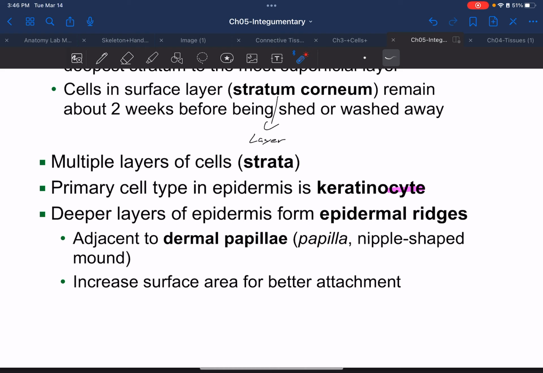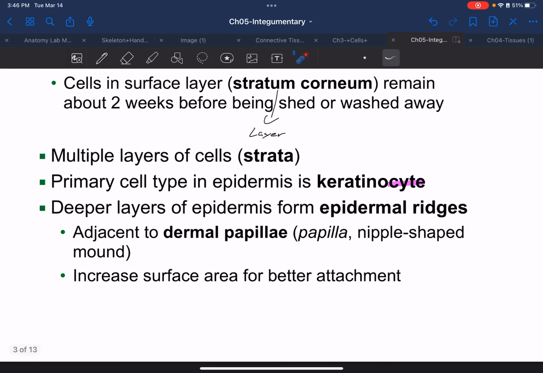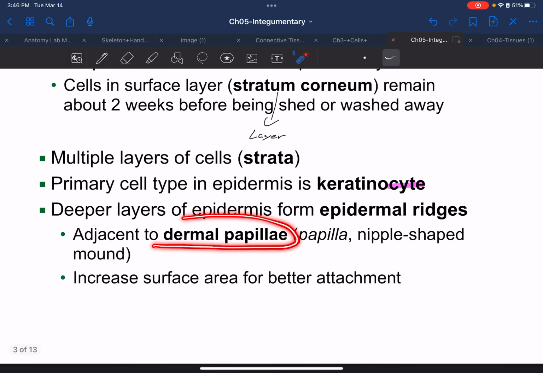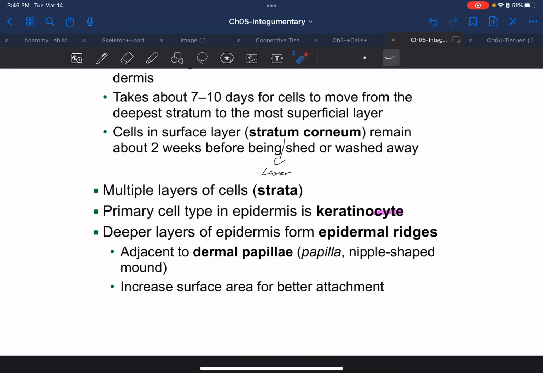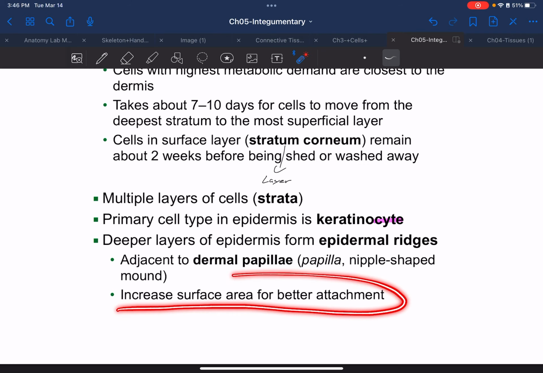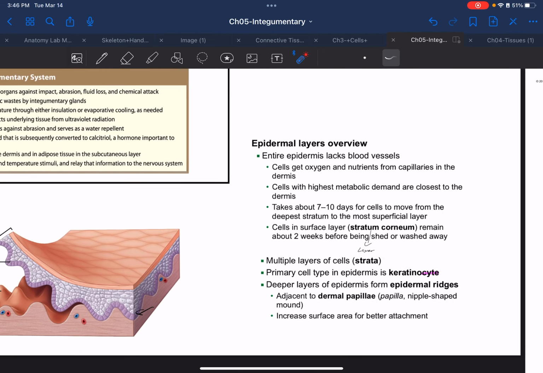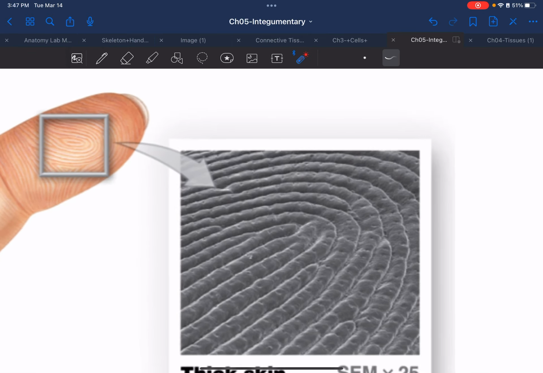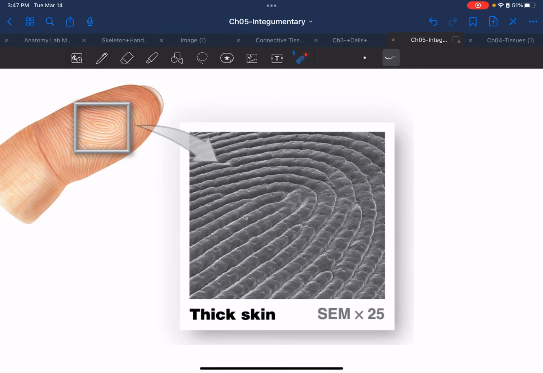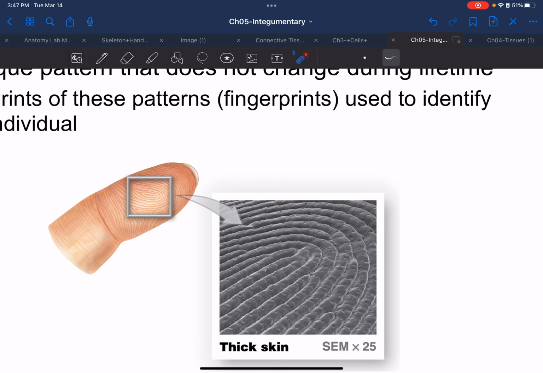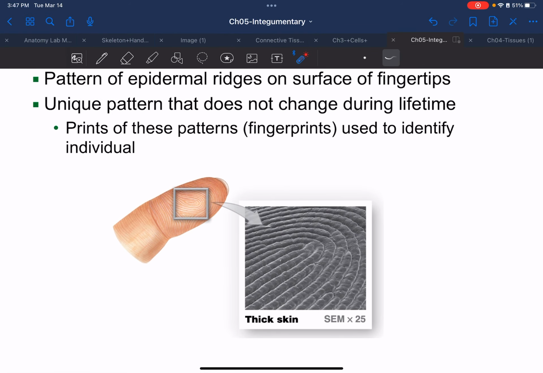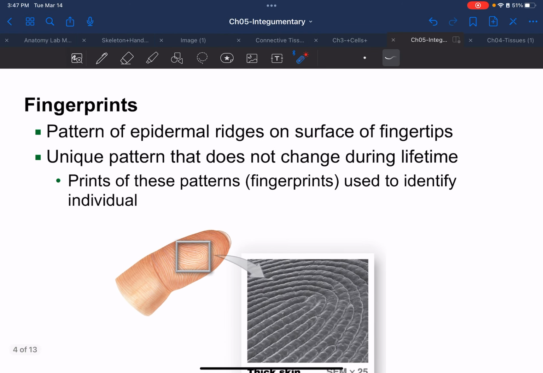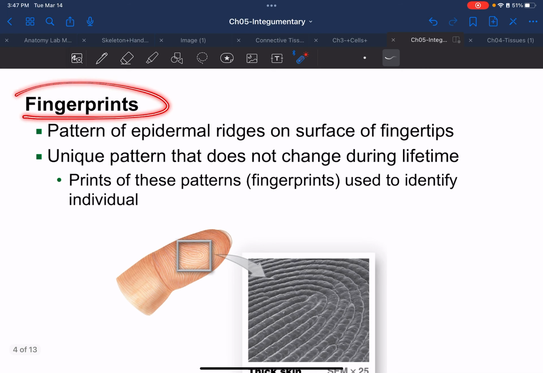And so our epidermal ridges are the boundaries of the epidermis. The dermal boundary is the dermal papillae, and this in turn creates what we refer to as an increase in surface area. A lot of people never really understand what that means, but it's usually easier to use fingerprints to describe that. Our dermal papillae and our epidermal ridges create what you know as your fingerprints.